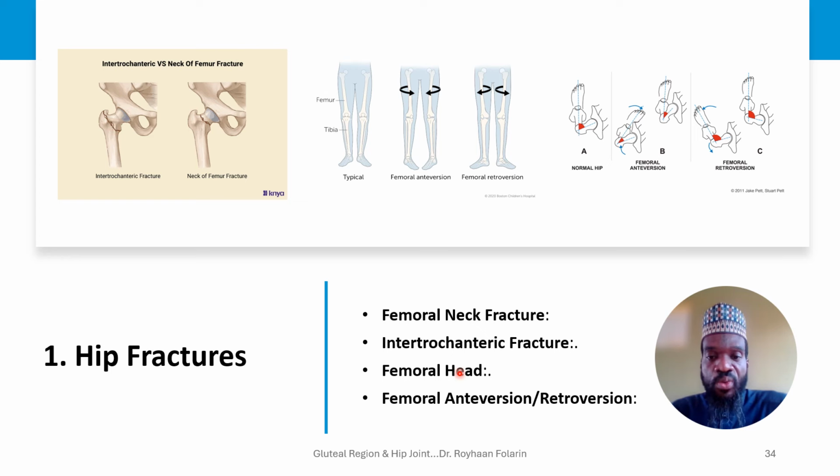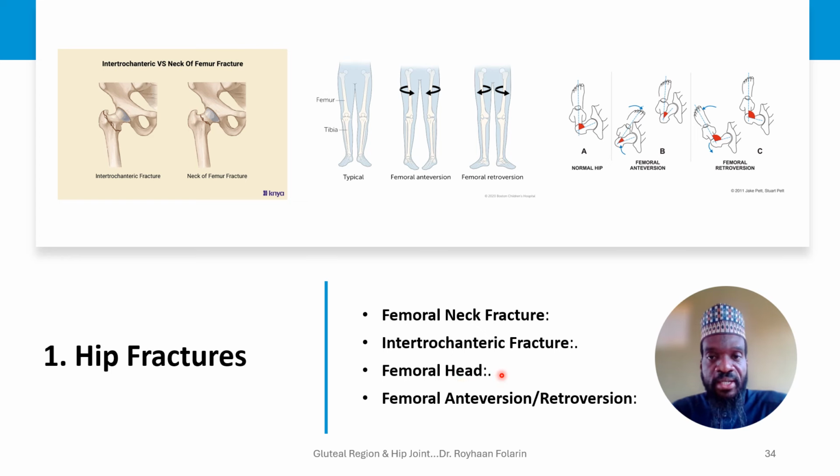Okay, so we mentioned already the coxa vara, in which case the individual has an angle between the neck and shaft of the femur that is smaller than usual. That is the coxa vara. And when it is a larger angulation than usual, that is coxa valga.